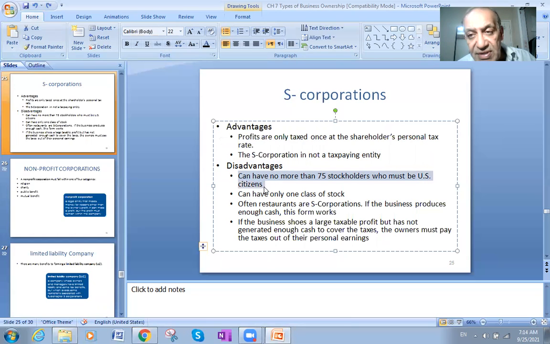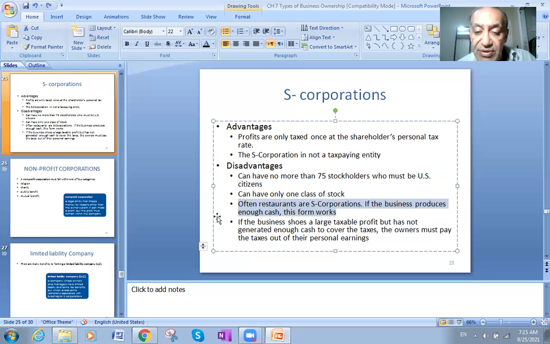This is about the US regulations, but it's applied in some places in the world. It can have only one class of stock. Often restaurants are S corporations. If the business produces enough cash, this form works. So it needs enough cash to work.